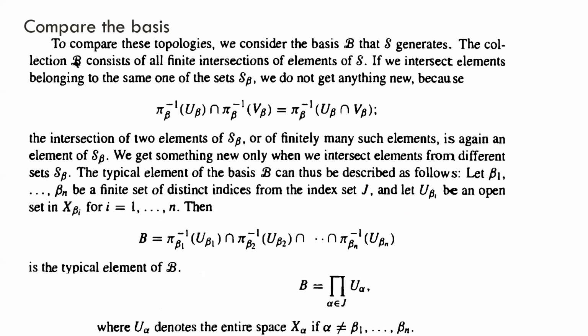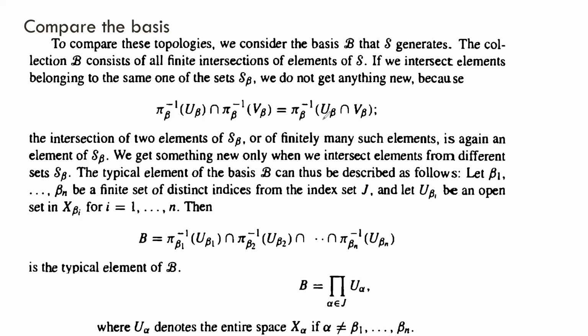So the collection of the basis B consists of all finite intersections of the elements of S. And if we intersect elements belonging to the same set X beta, where beta is an index, then we get nothing new, right?